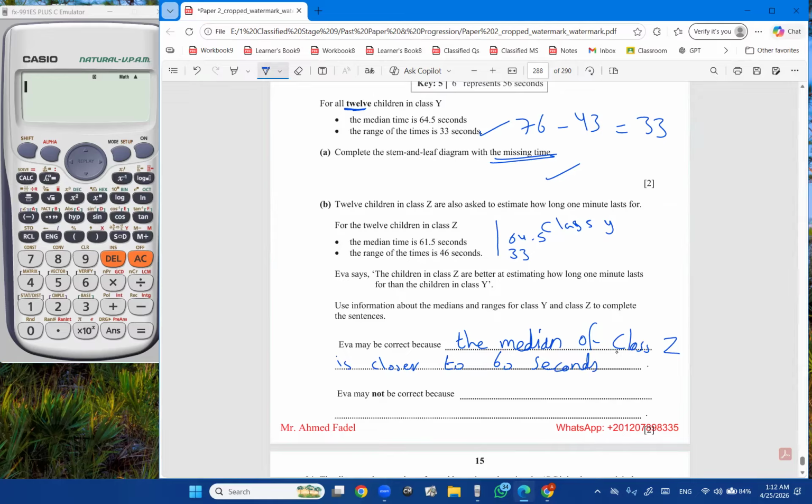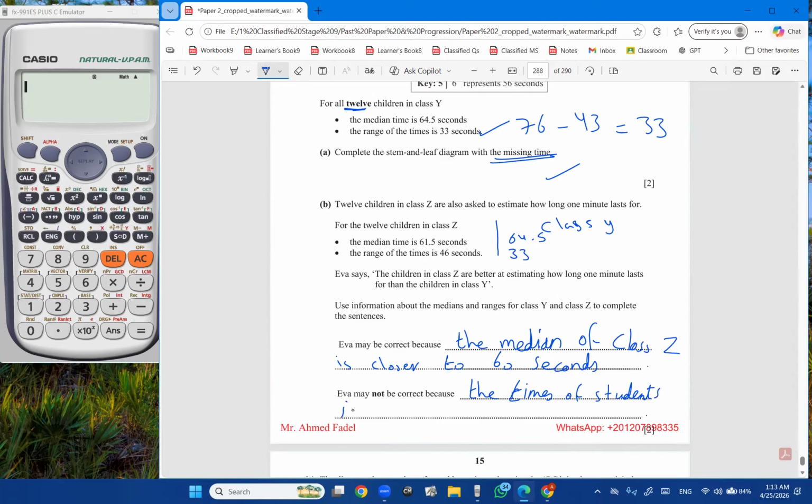Eva may not be correct because the range in class Y is smaller, which means the times of students in class Y varied less, because we know that the range tells us about the variation and about the consistency.